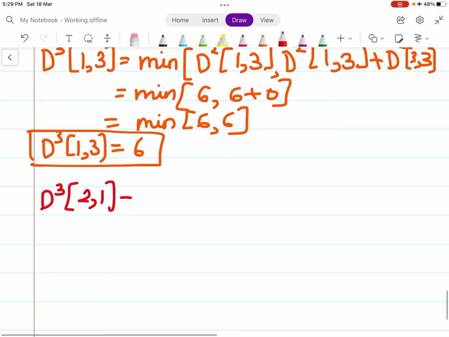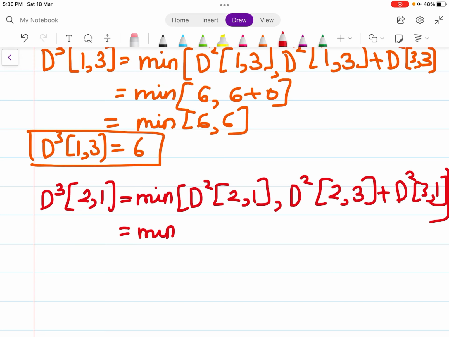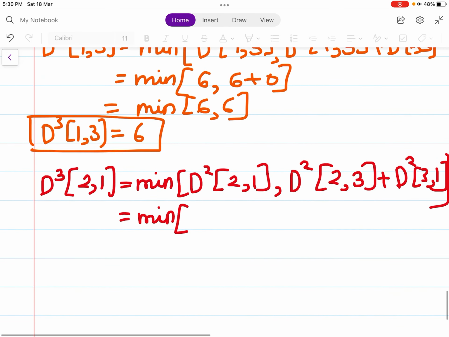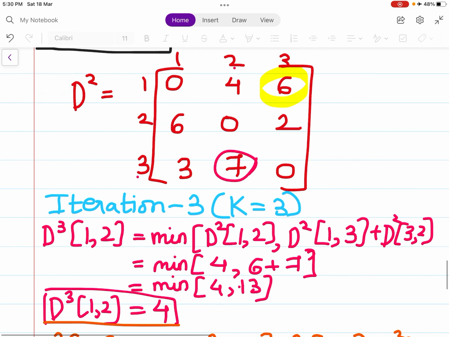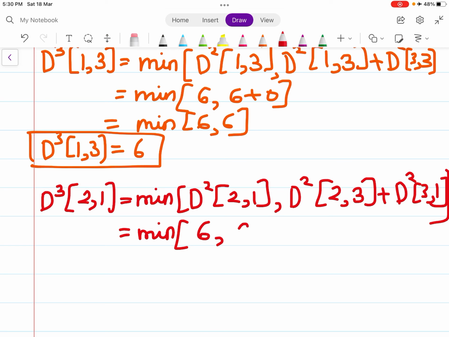D3 2 comma 1 will be minimum of D2 2 comma 1, comma D2 2 comma 3 plus D2 3 comma 1. Minimum of 2 comma 1 is 6, comma 2 comma 3 is 2 and 3 comma 1 is 3.